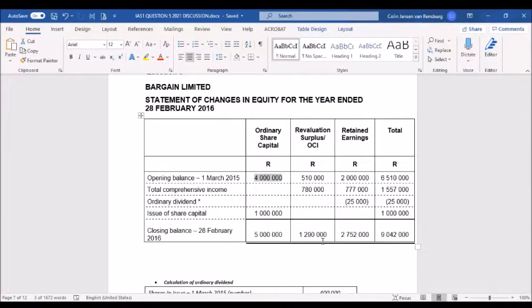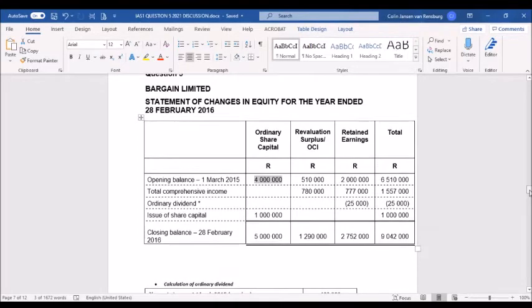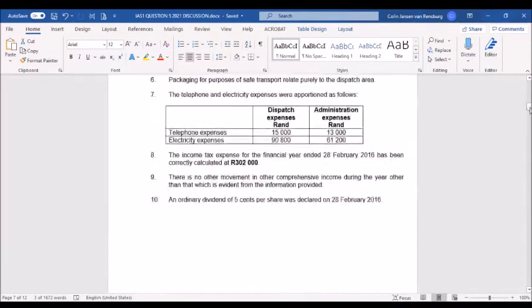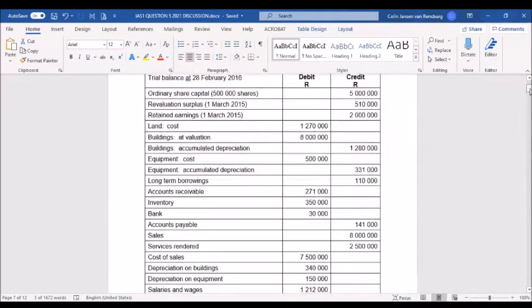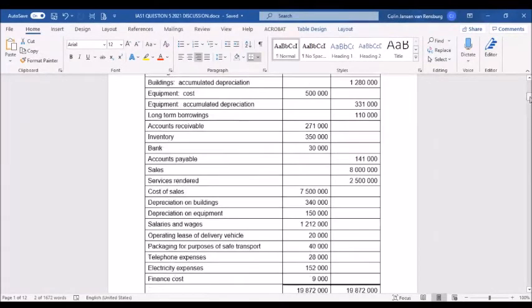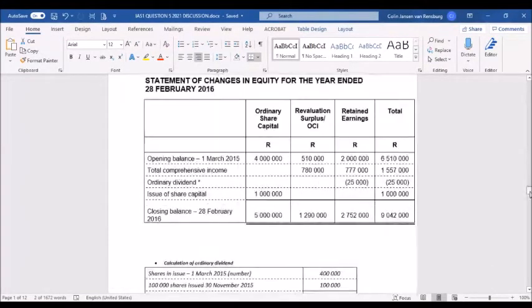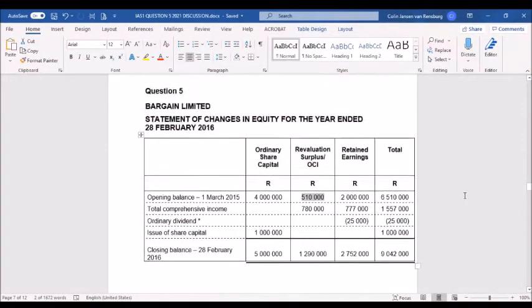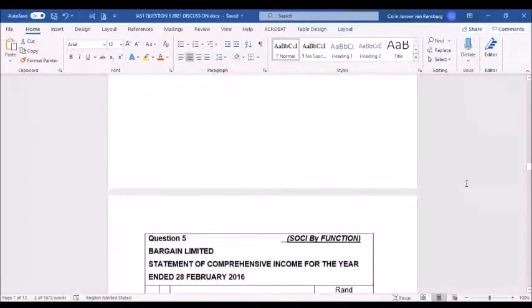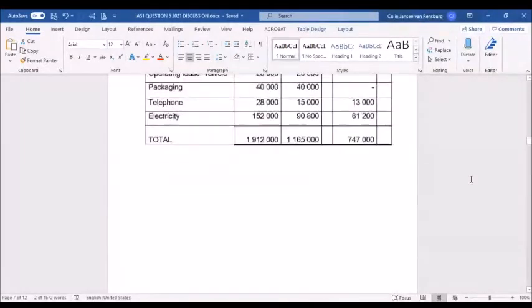Right. In the case of the other two categories of equity, we were clearly told on the trial balance that those represent our opening balances. So let's go and find them. The revaluation surplus had an opening balance of 510,000, so we simply copy that over to our first line there, the line that contains our opening balances. In the case of the retained earnings, let's go and have a peek at our trial balance again.